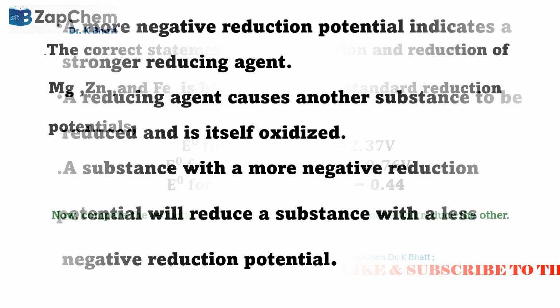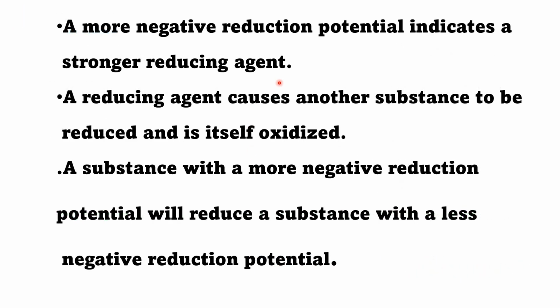In this case, we have to understand that more negative reduction potential indicates a stronger reducing agent. A reducing agent causes another substance to be reduced and is itself oxidized. Very obvious. A substance with more negative reduction potential will reduce a substance with less negative reduction potential.